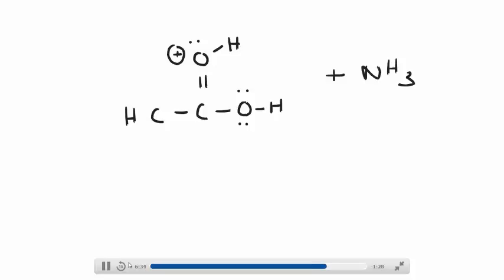Now this intermediate that we've just created again is a protonated form of a carboxylic acid, and it does have resonance structures. Let me draw them very quickly for you.